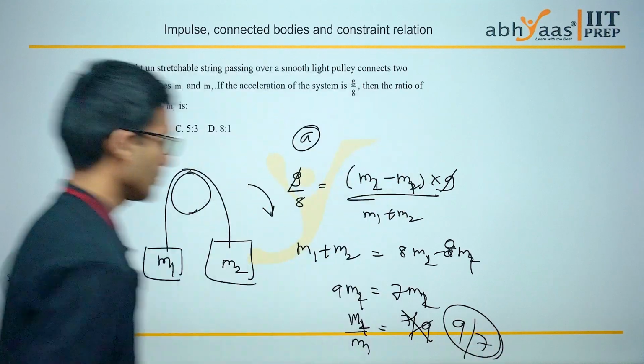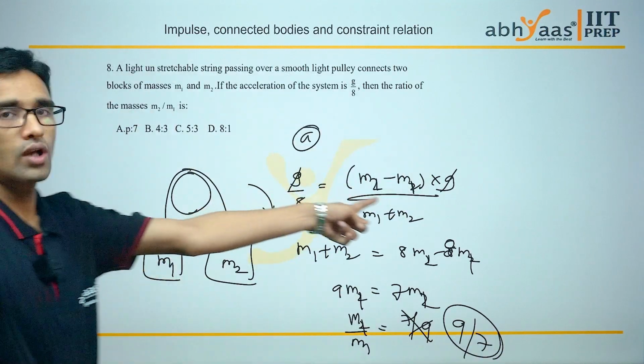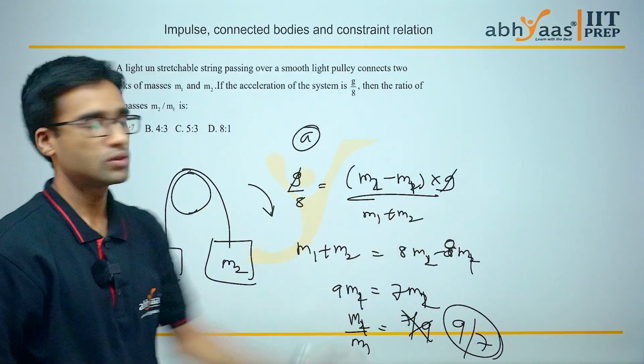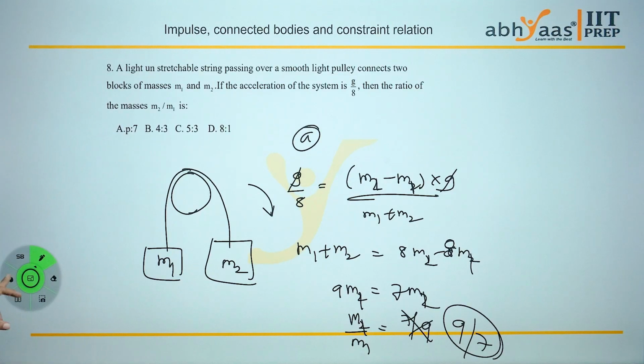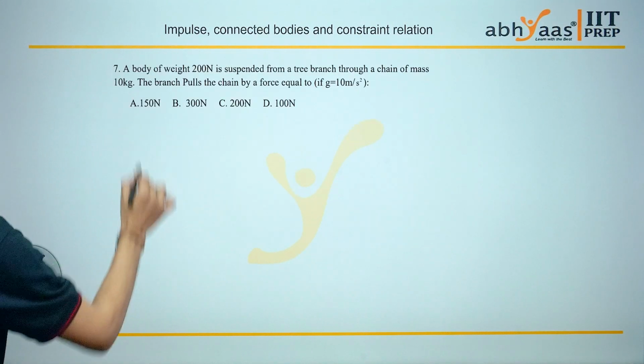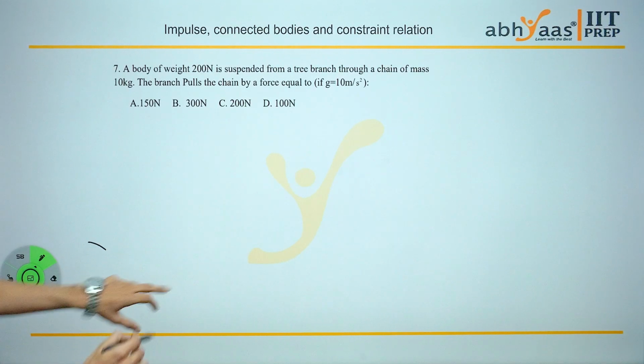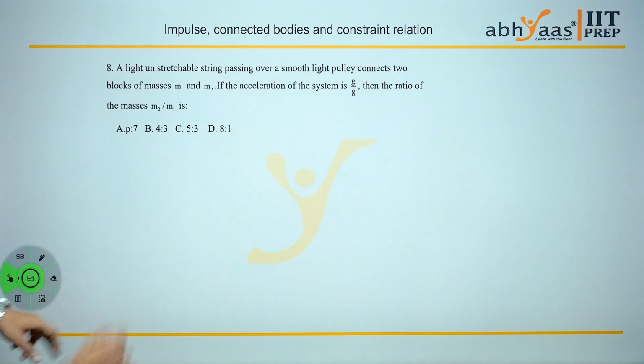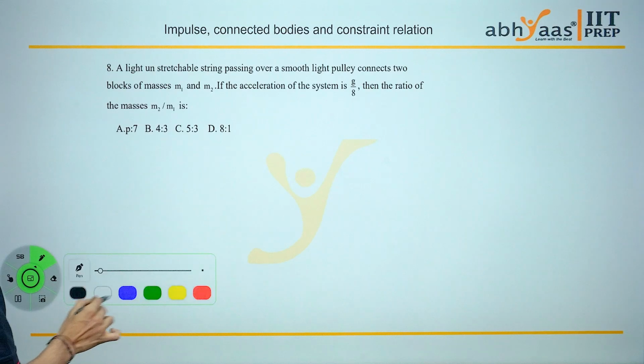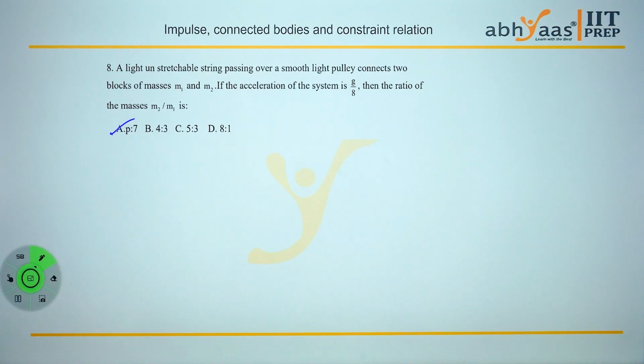That means M2 is going down, so you have to take (M2 minus M1) into g. Yes, this is 9 is to 7. So now going to the other problem.